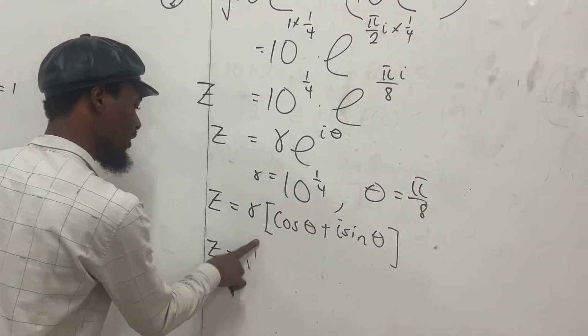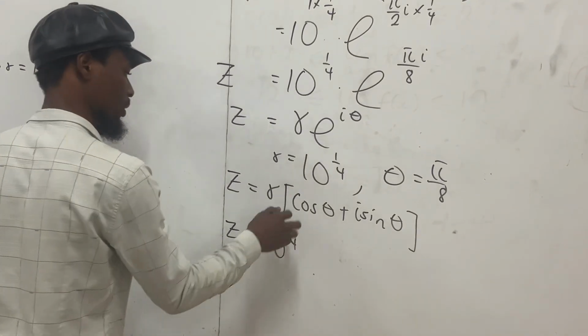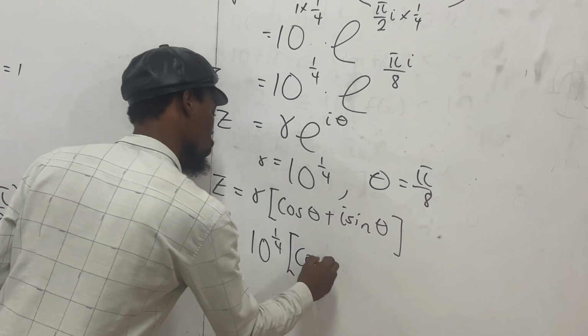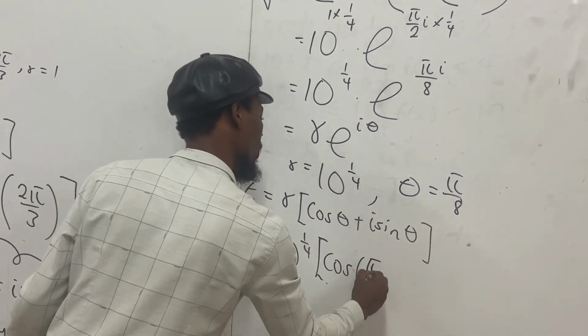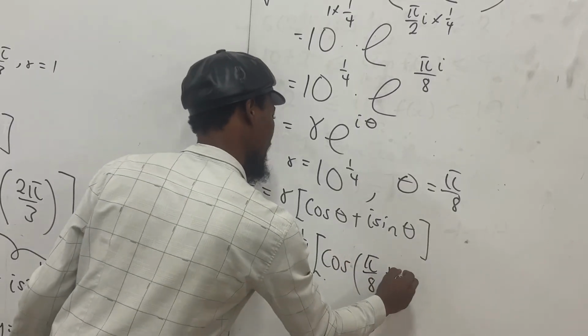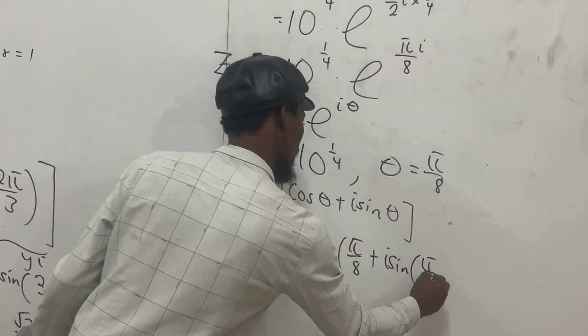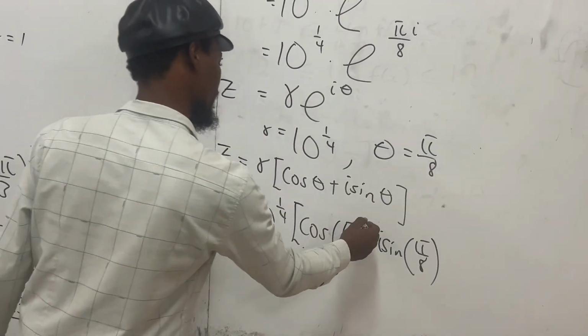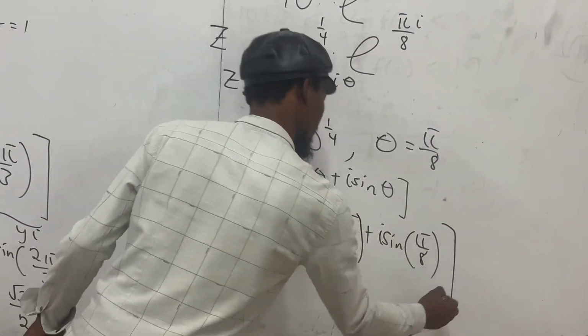What is my r? R here is 10 to the power 1 over 4. Then multiplying cos of the angle theta. Theta here is pi over 8. Then plus i, then sine pi over 8. This way. As simple as that.